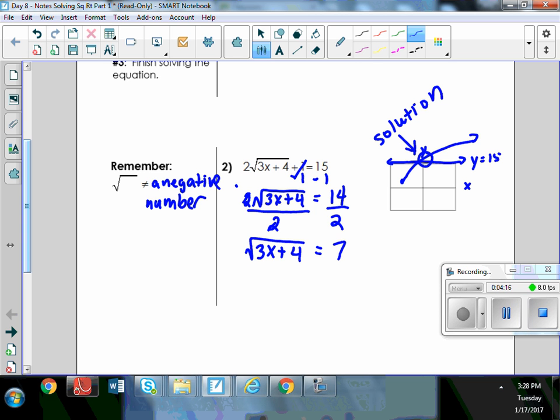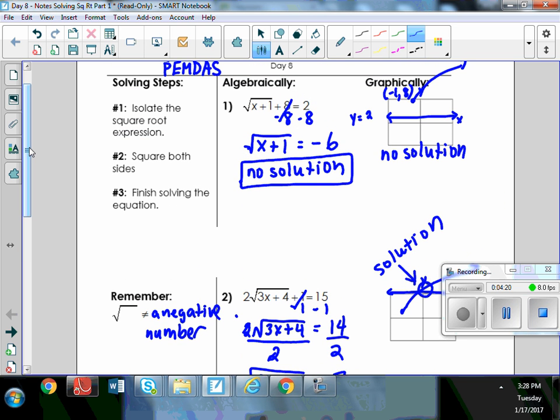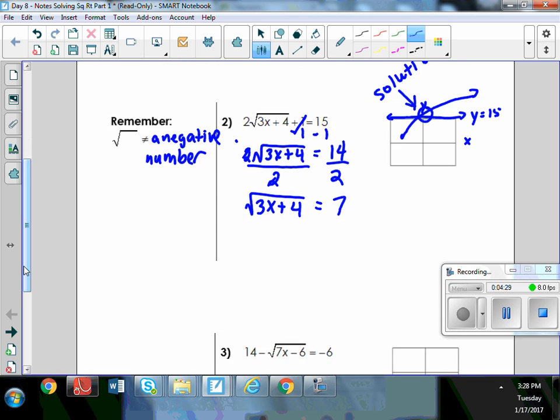So now that I have the square root isolated, I want to get rid of it. So the way I get rid of it is I square both sides. Okay, so first we want to isolate it, then we square both sides to get rid of it. So square, square. Square cancels square root, and then the 7, I have to square it.